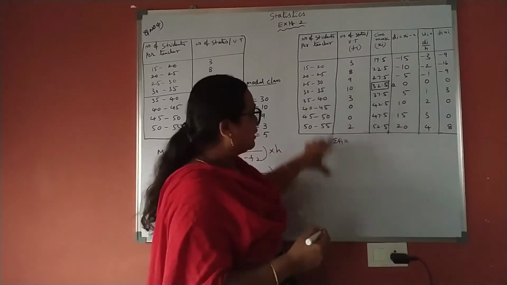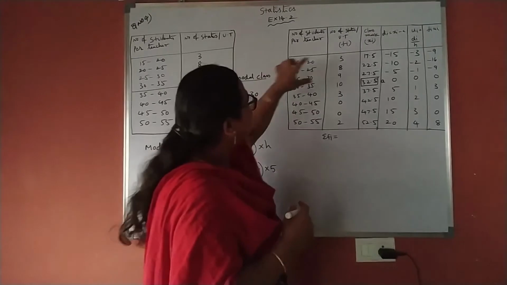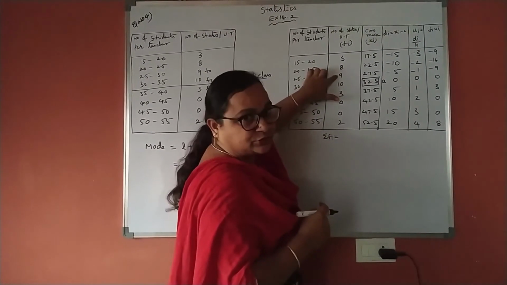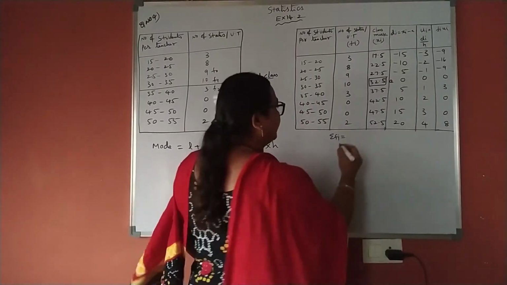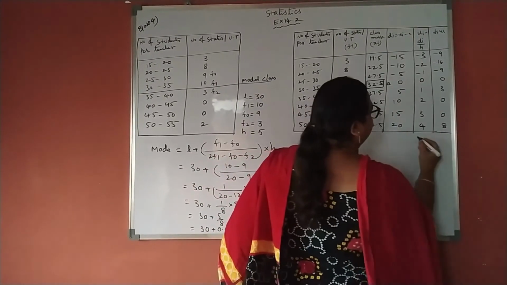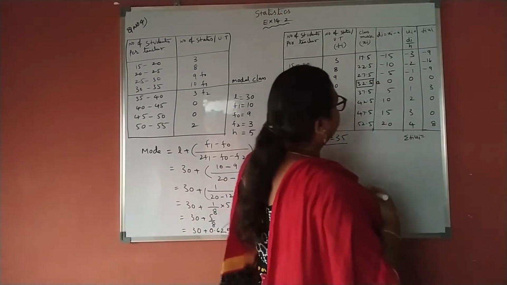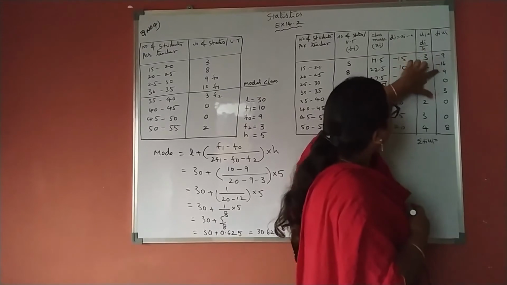Now we need to find sigma Fi. Sigma Fi means sum of the frequencies. 3 plus 8, 11 plus 9, 20, 30, 33 plus 2, 35. Sigma Fi is 35, and we need to find sigma Fi UI. Here all these three are negative.